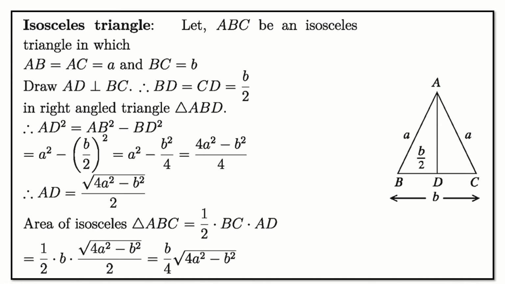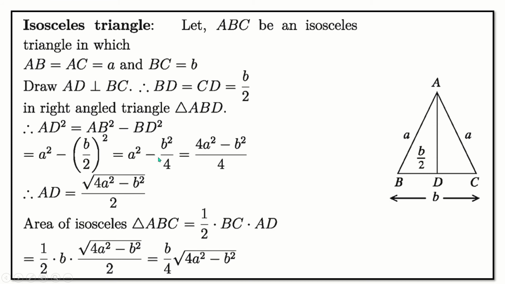Okay. Now in triangle ABD, AD square equals AB square minus BD square. But AB is equal to what? AB is equal to A. So AB square equals A square, and BD means B divided by 2. So BD square means B divided by 2 whole square.